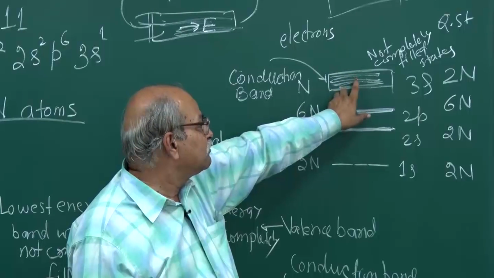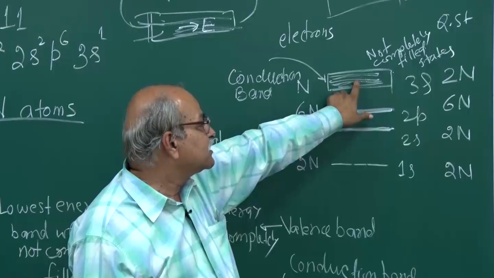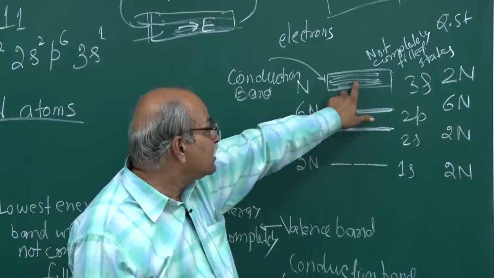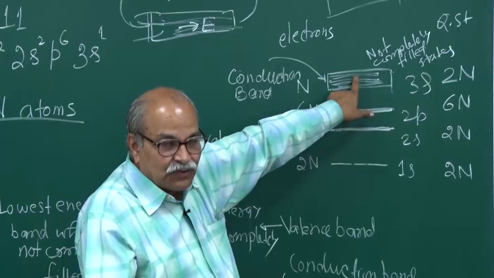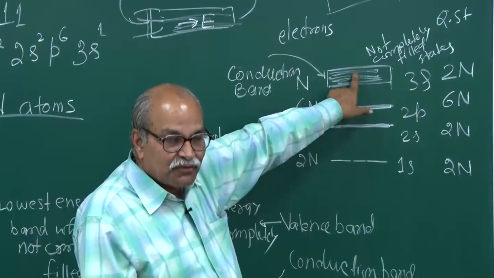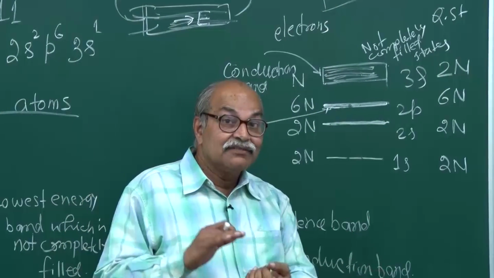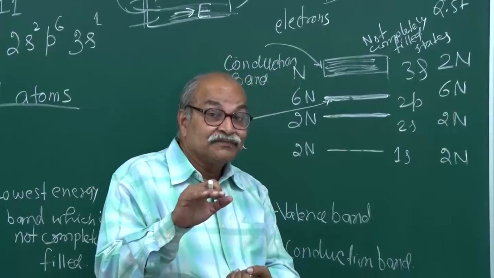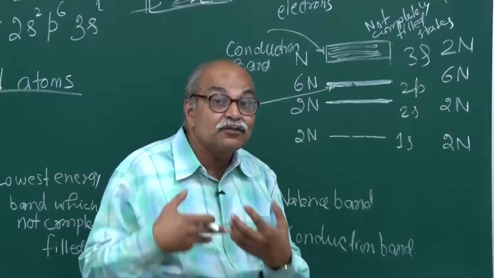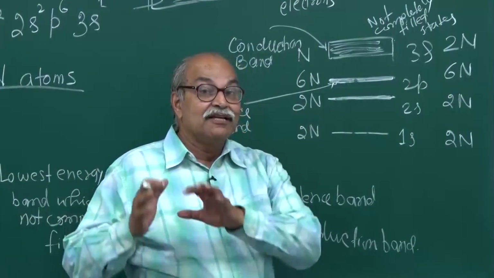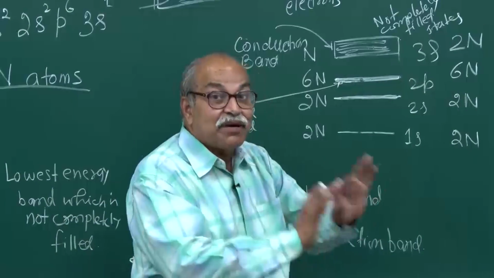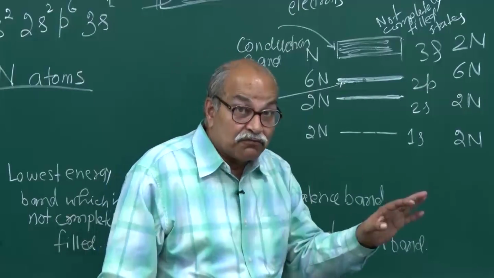So if a particular electron takes up that energy and goes to a quantum state with a little more energy, that quantum state is available, and therefore the electron can respond to the electric field, be accelerated by it, and move.